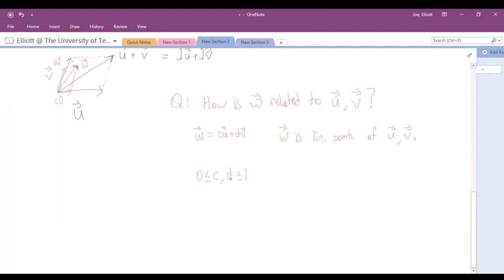Using the same reasoning, you can also conclude in this picture that d is also a scalar between 0 and 1, because dv points in the same direction as v, but it has a shorter length.